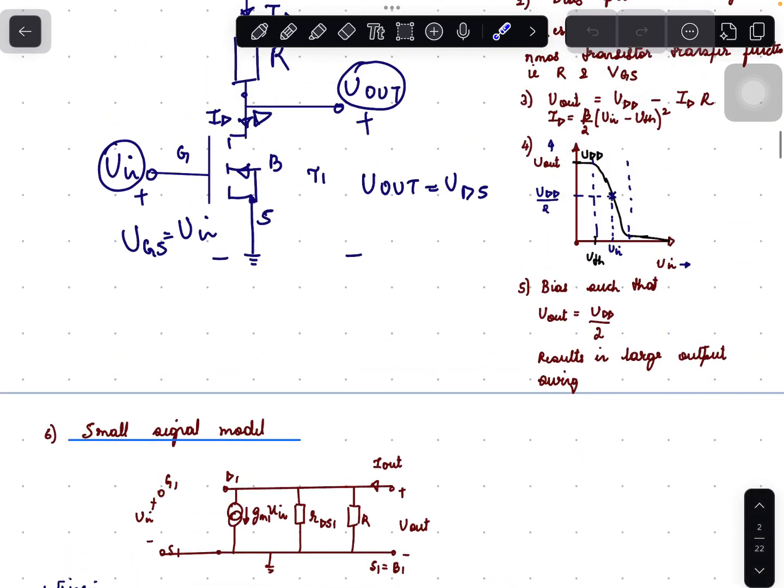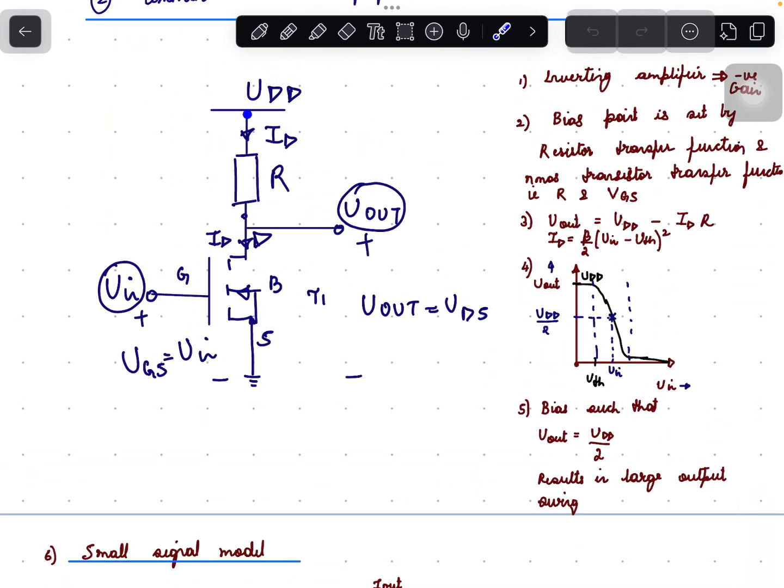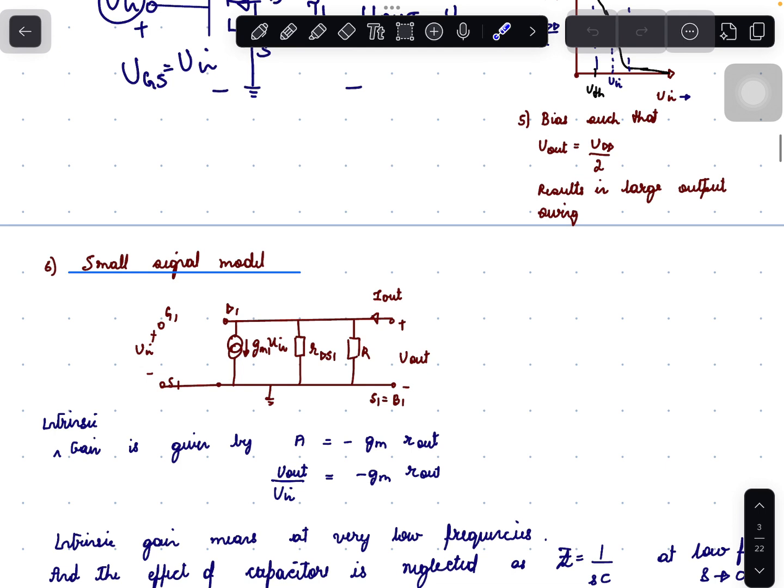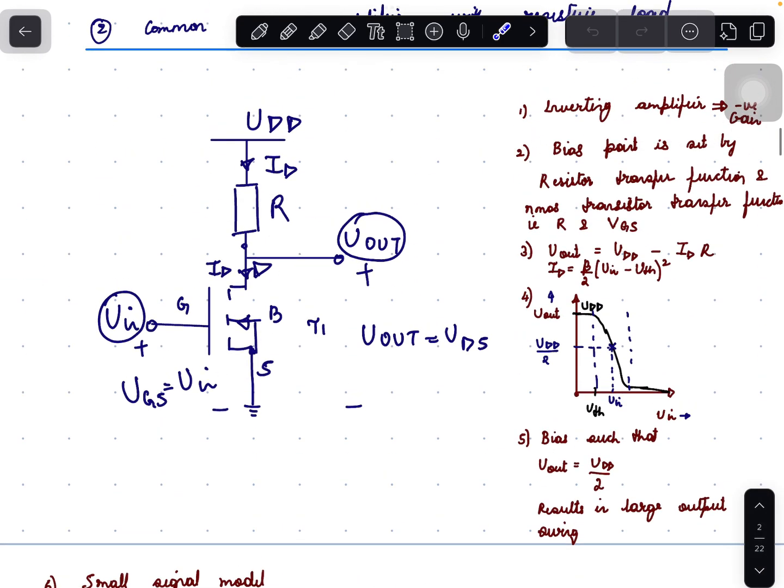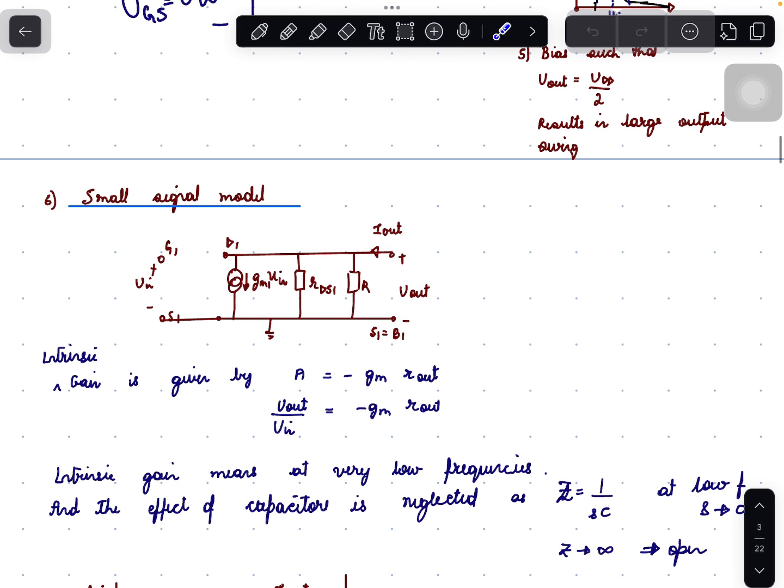In small signal model analysis, we connect the DC voltage sources to ground, that is VDD is connected to ground. We have drain D1 and the current is given by gm1 times Vin. We have RDS1 between the drain and source, and we have R connected between the drain and the ground, since VDD is grounded. So R comes between Vout and ground as shown here.